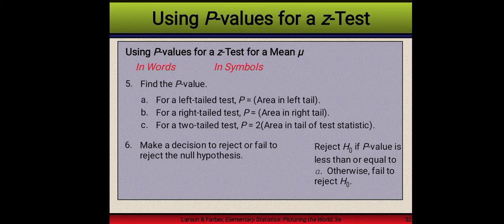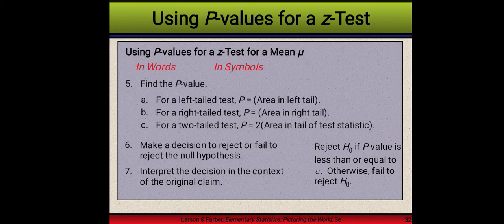As I have said, reject the null hypothesis if the p-value is less than or equal to the level of significance, and otherwise fail to reject the null hypothesis. Then, after determining if it is a left, right, or two-tailed test, you can interpret the decision in the context of the original claim, whether it is rejected or failed.